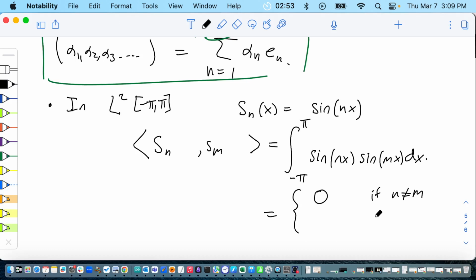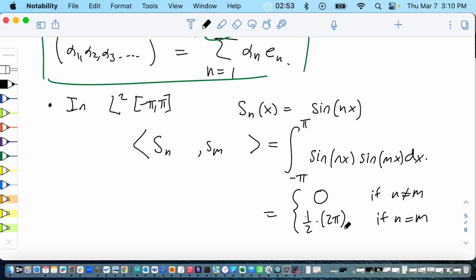But if n equals m, then you have the integral of sine squared. And the integral of sine squared, by that trick we saw on the first day of class, is half the length of the interval, because on average, sine squared is half. So the integral will be a half times 2 pi, also known as pi.